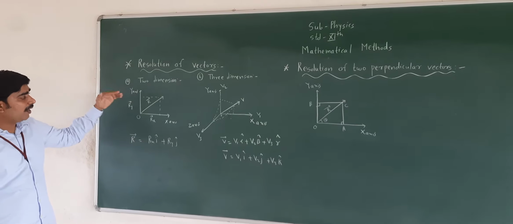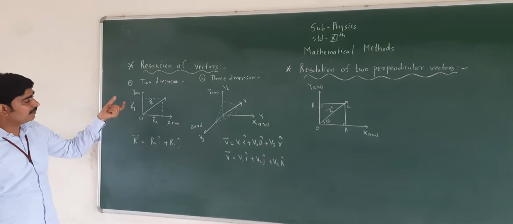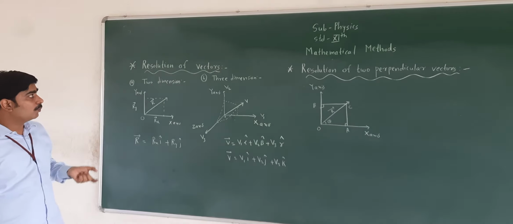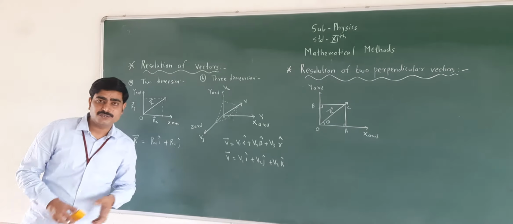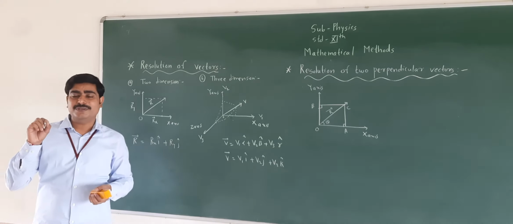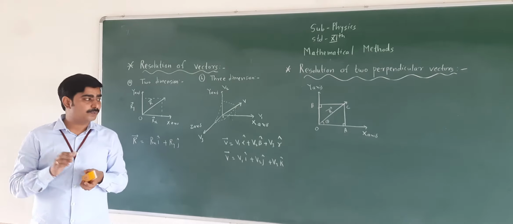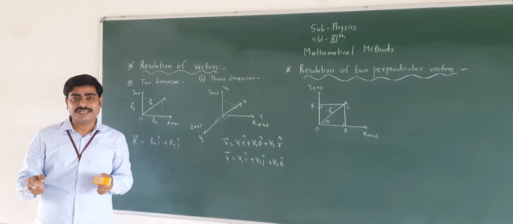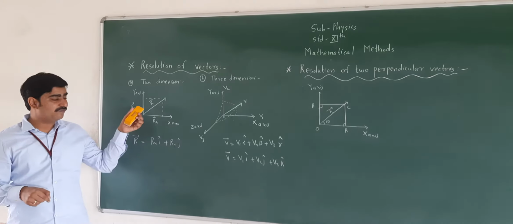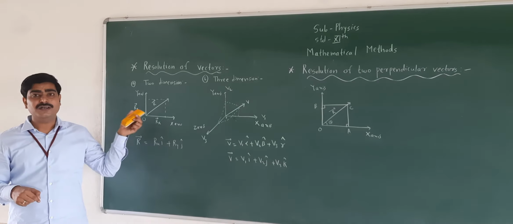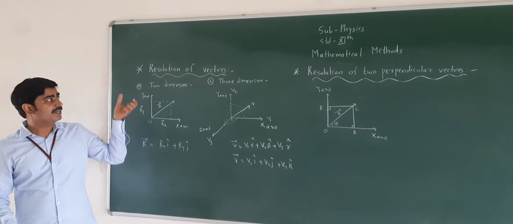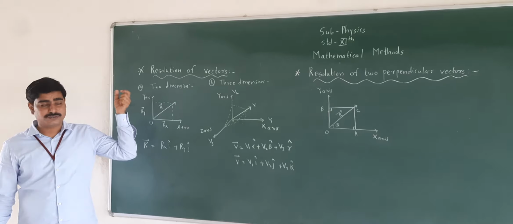So vector r is divided into two components, that is two-dimensional. So what is the resolution of vectors? The resolution of vectors can be defined as the process of finding the components of a given vector in the given direction.